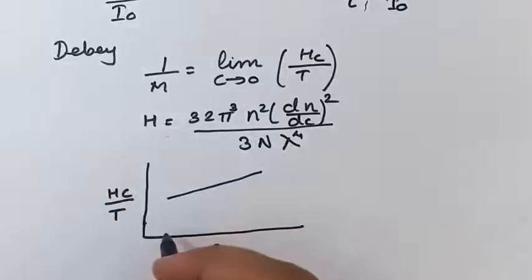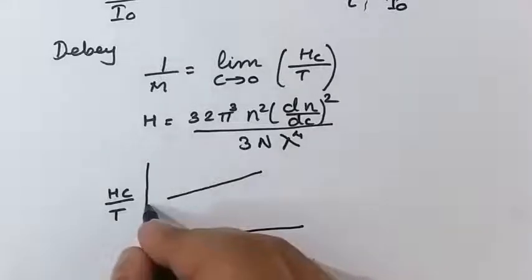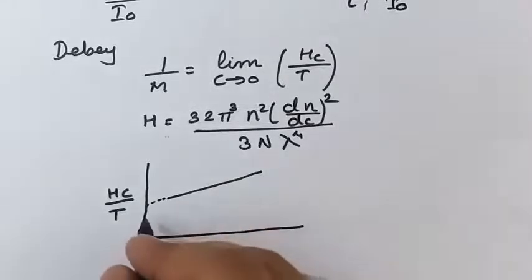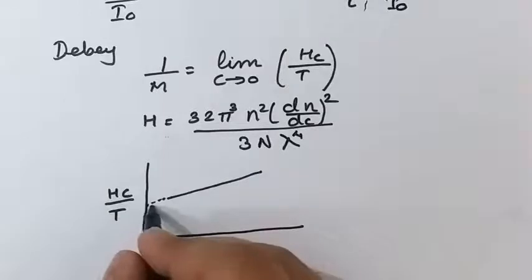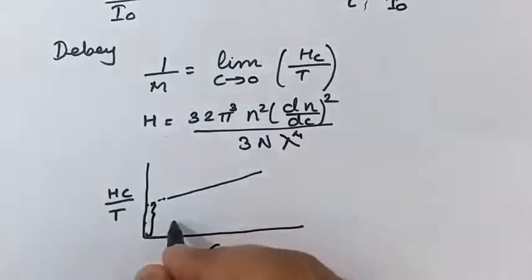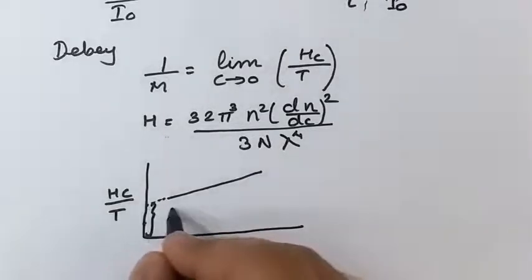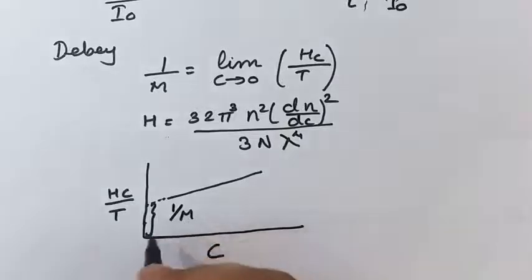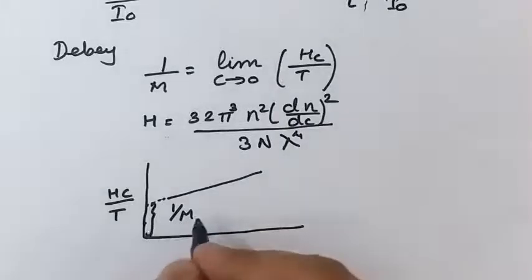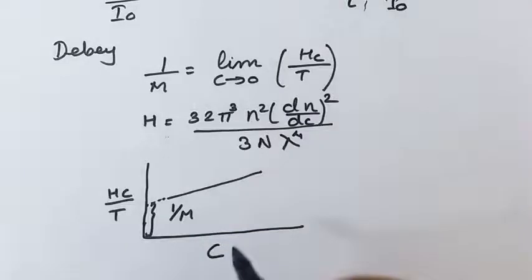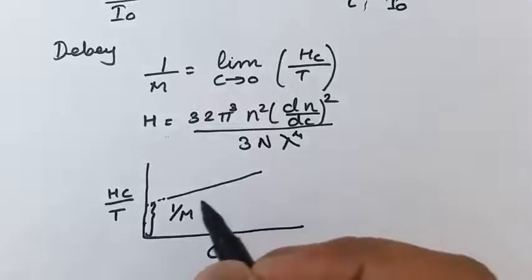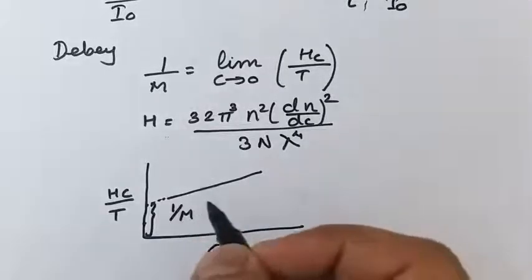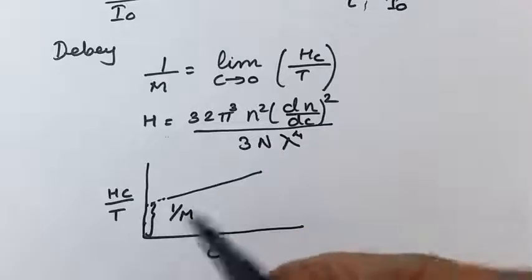When this line is extrapolated to concentration equal to 0, the intercept will yield us the value of 1 by M, and hence from 1 by M we can easily calculate the molecular weight of the polymer using the light scattering method.